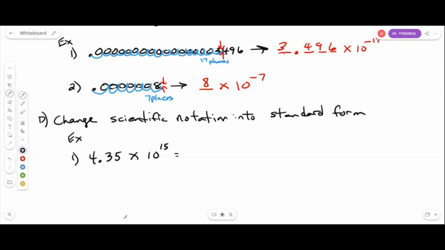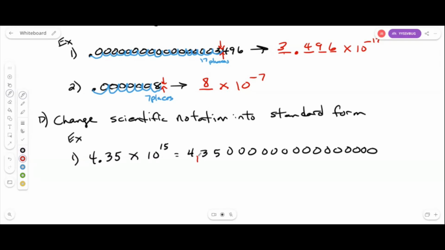So here's what I do. I write my digits 4, 3, 5, and then I put, not necessarily 15, but close to 15 zeros, because I have to move 15 places. So I'm going to write 1, 2, 3, 4, 5, 6, 7, 8, 9, 10, 11, 12, 13, 14, 15. There's 15 zeros. So that should be plenty.